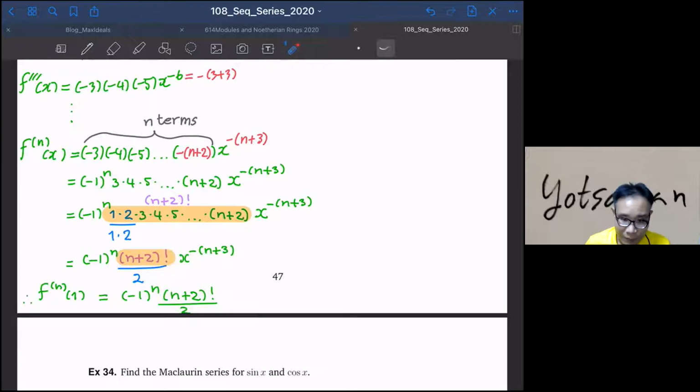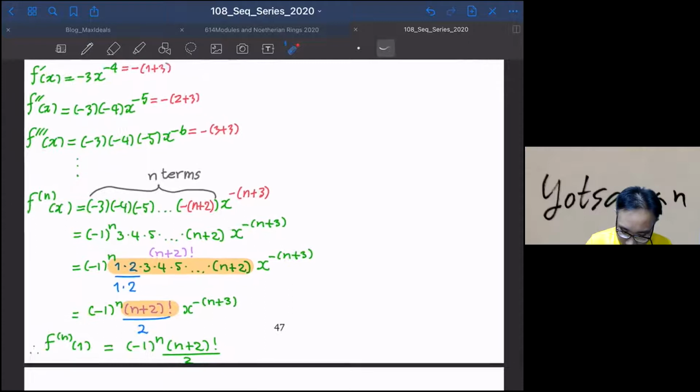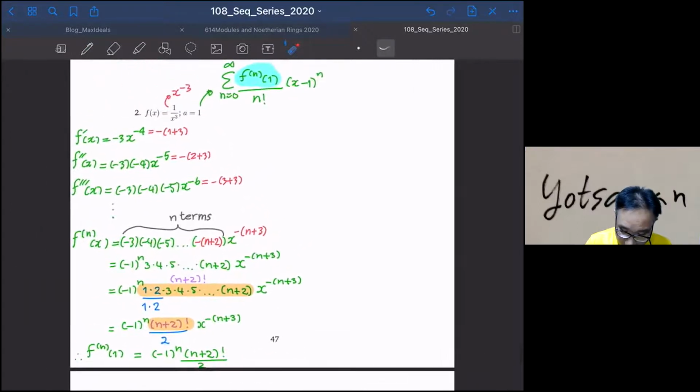So that's it, and this one will be the thing that we're going to plug into the formula. You see, we have the blue guy already, so we have the blue guy that we're going to plug in.